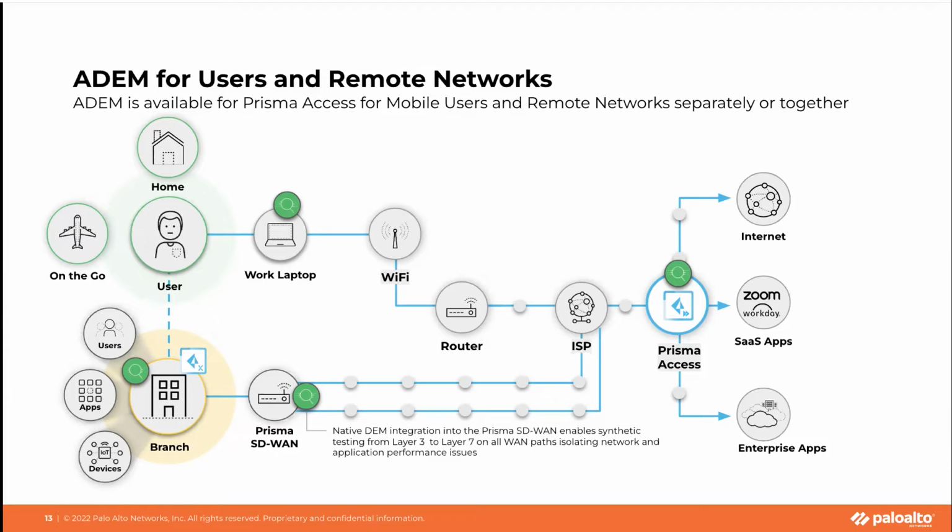Unlike other DEM solutions, ADEM is natively integrated into the SD-WAN appliances, which allows it to mirror the experience of every application hosted anywhere across all the configured paths from branch, which can be underlay, overlay, active, or backup. It provides admins with actionable information to isolate problems, domains, and resolve issues faster.